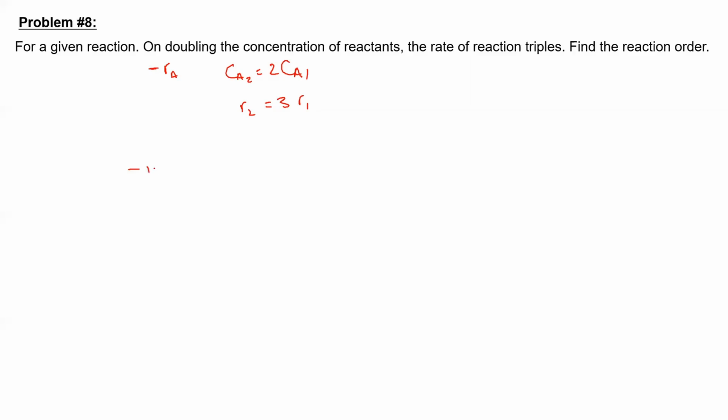So minus RA, let's say it'll be just some expression multiplied by CA to a certain power, whatever n. So if I just write this, minus RA1 is equal to K CA1 to the n, and then minus RA2 is equal to K CA2 to the n.